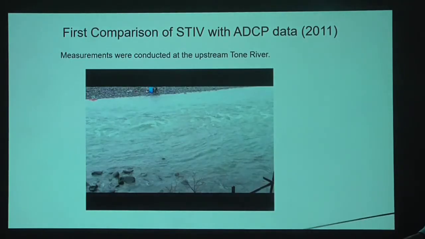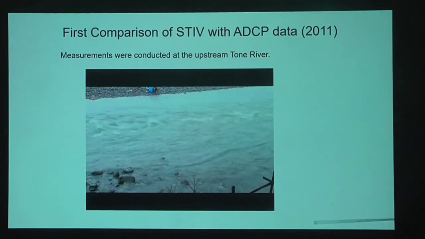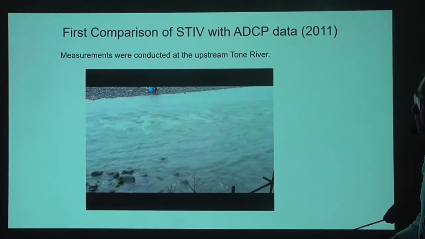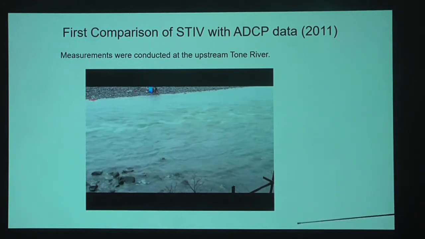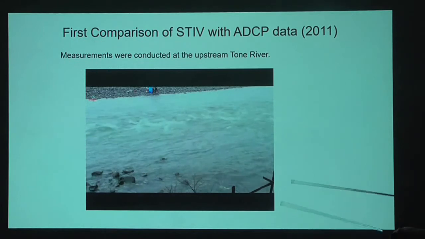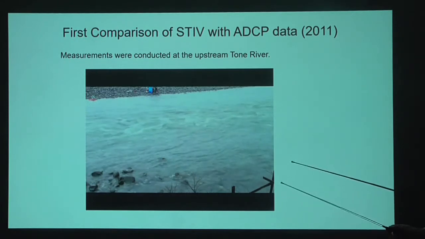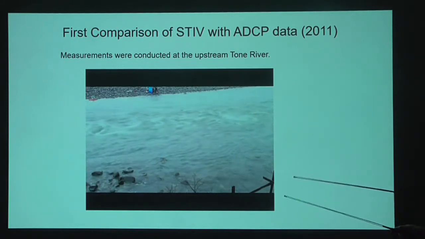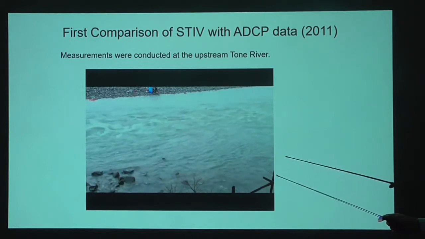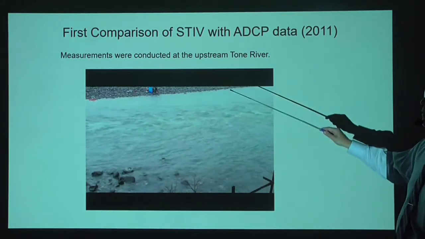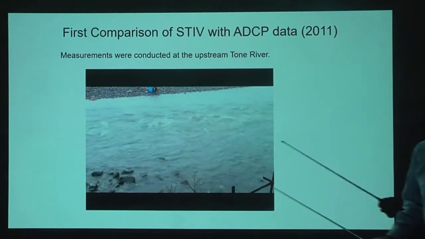But still, there are some skeptical ideas about whether it is really a velocity or not. So we conducted field research with IIHR and Yodo-san, and we measured with both image velocimetry and ADCP.